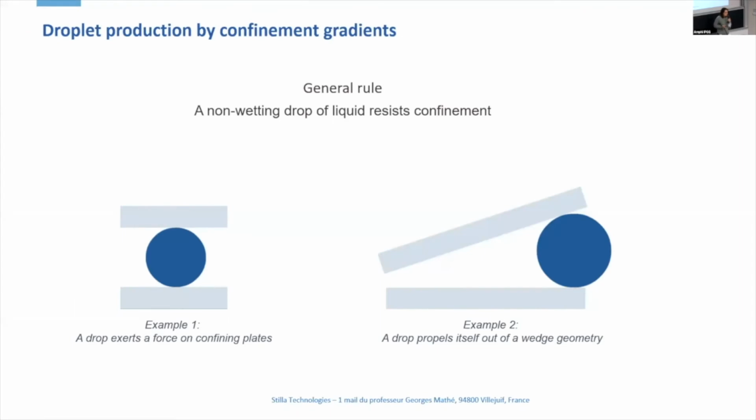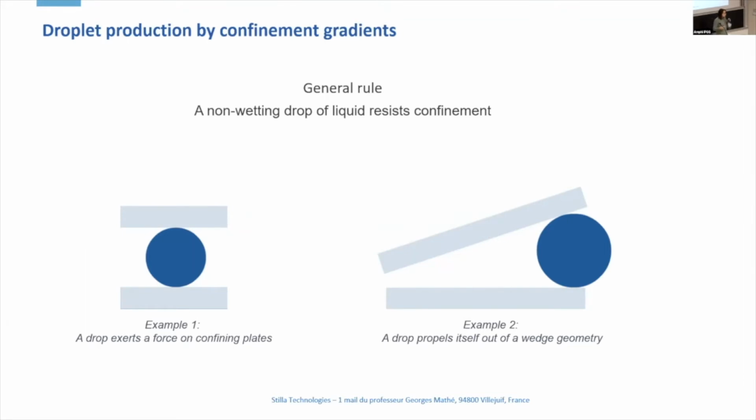The principle of droplet generation is what we call a confinement gradient. So the name was given before the COVID crisis. And it lies on the general rule that a non-wetting drop of liquid will resist confinement. So if I squeeze a drop between 2 flat surfaces, then it will exert a force on the confining plates to go back to its initial shape.